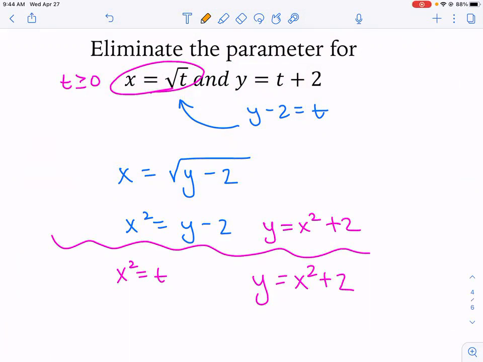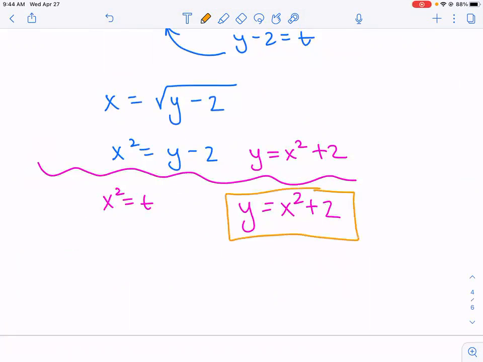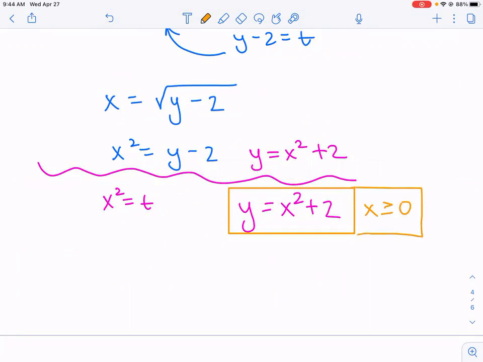They are only going to be 0 and bigger. So we have this y equals x squared plus 2, but we also need to let them know that we have a domain restriction. Okay, so there's our equation, but also x has to be greater than or equal to 0.